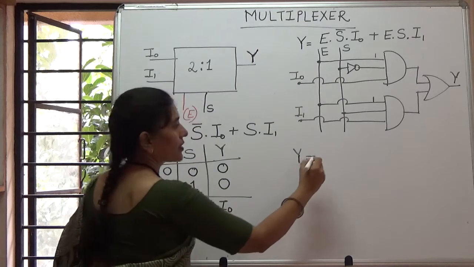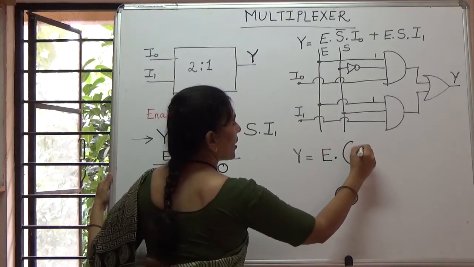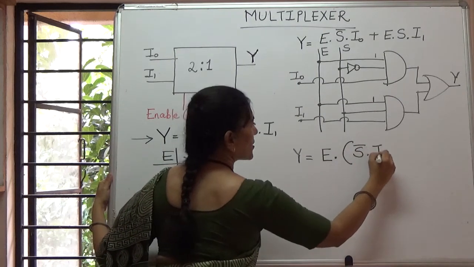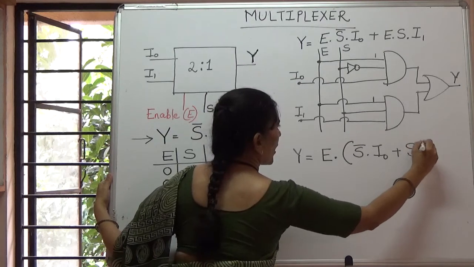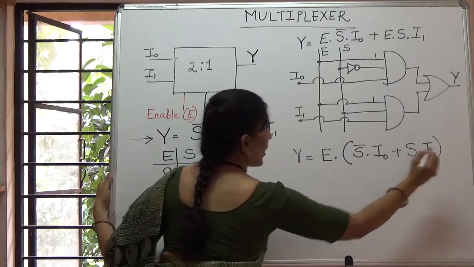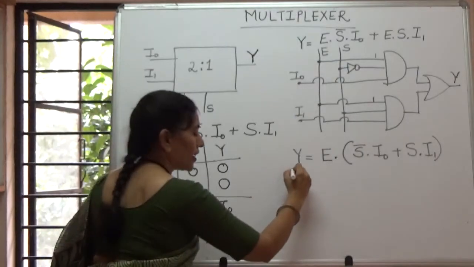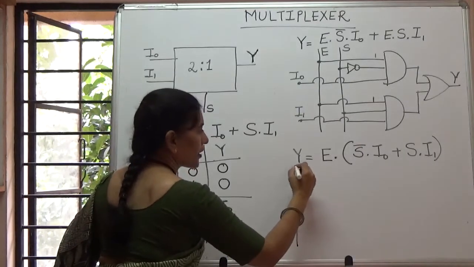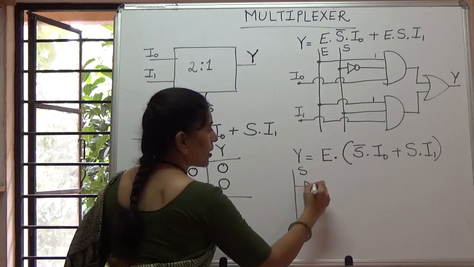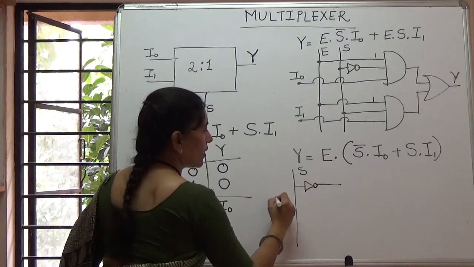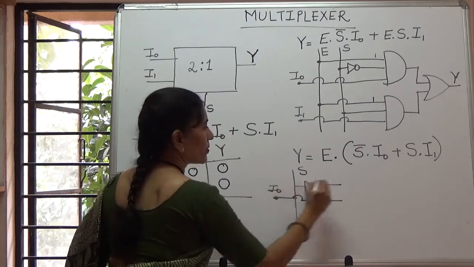So we can write this as E dot (S bar dot I0 plus S dot I1), and this implementation can be done in a slightly different way. That is, this is S bar I0.